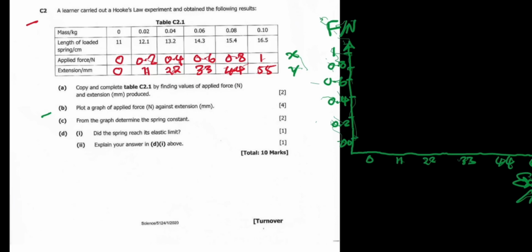Then we can plot the points here. The first one is 0, 0, which is here. So this is the starting point.